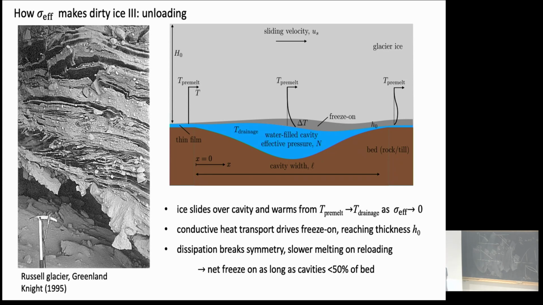There's a lag. So there's not symmetry between the freeze on and the melt off. And you predict that there will be net freeze on as a result of this process, just as long as more of the bed is covered by close contact regions than is covered by cavities.